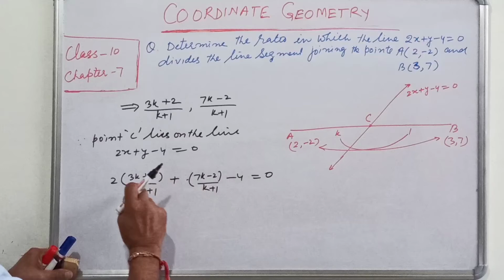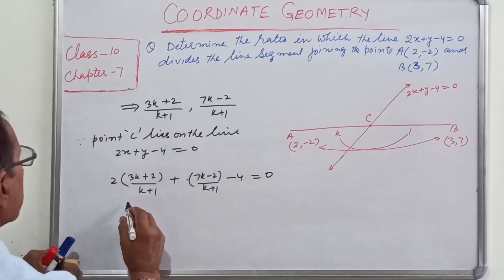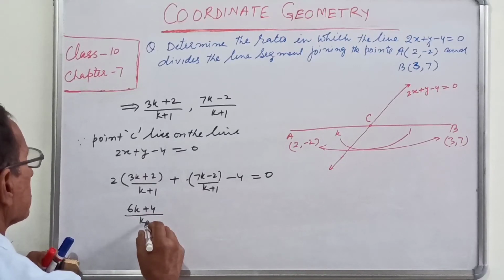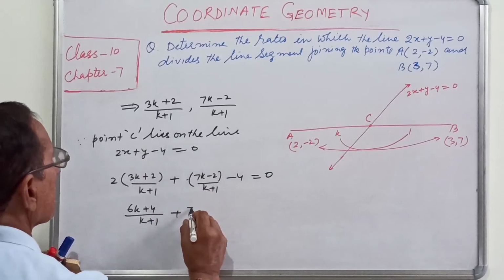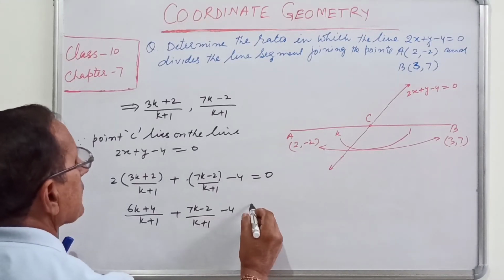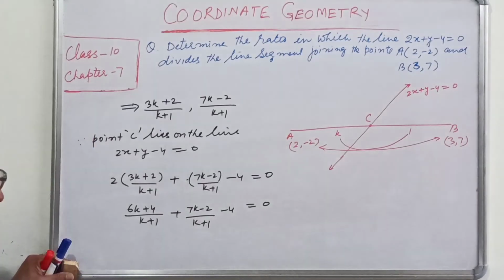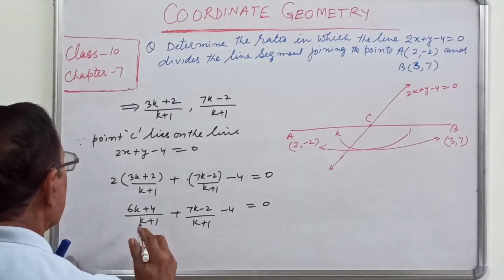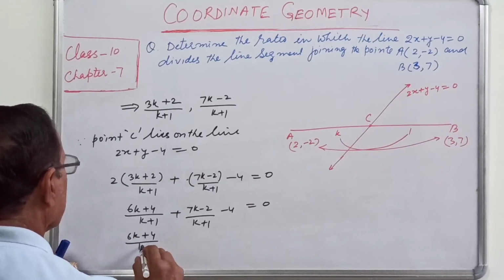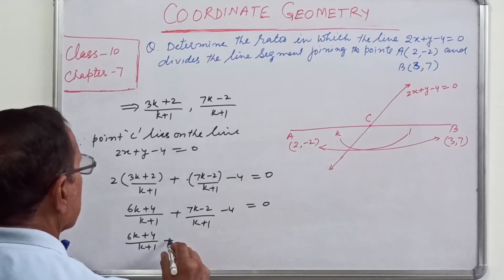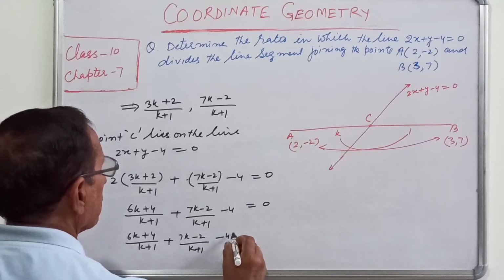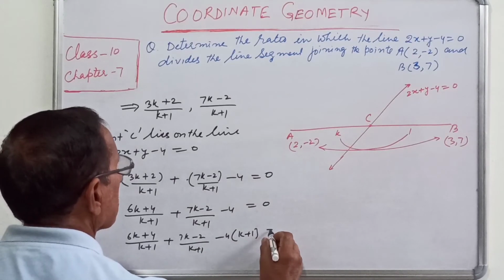अब इसको ब्रैकेट्स सॉल्व करें. सो 2 इंटू 3k हो गया 6k प्लस 4 अपॉन k प्लस 1, 7k माइनस 2 अपॉन k प्लस 1 माइनस 4 इज इक्वल टू 0. सो एलसीएम, सो हो गया (6k प्लस 4) अपॉन (k प्लस 1), (7k minus 2) upon (k plus 1) minus 4 into (k plus 1) is equal to 0.